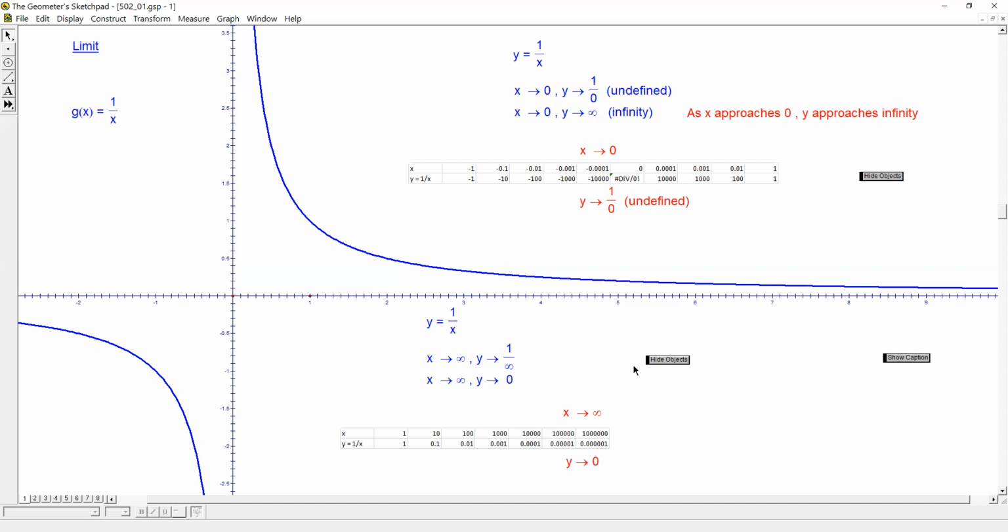The question is, you see here, x approaches infinity, y approaches 0. Now I know some girls are going to say x equals infinity, y equals 0. Some girls use the equal sign instead of the arrow of approaches. Why is it that we cannot put an equal sign there? Why do we have to put the arrow like that?